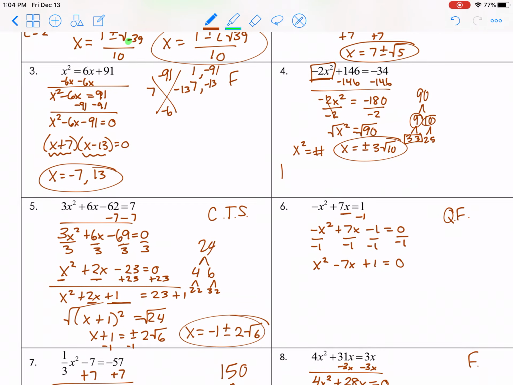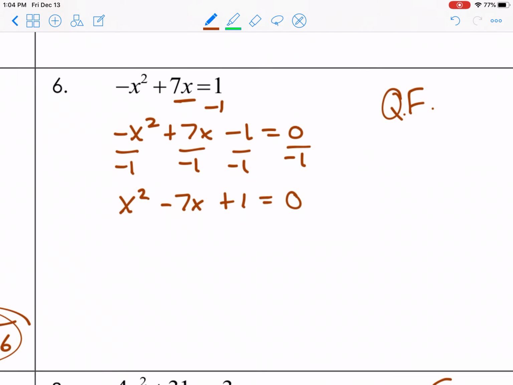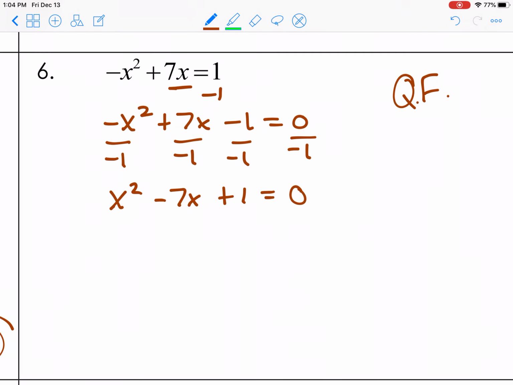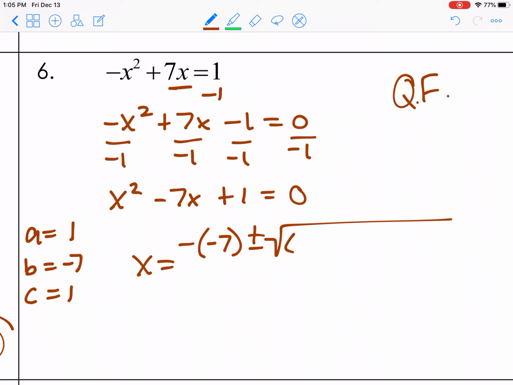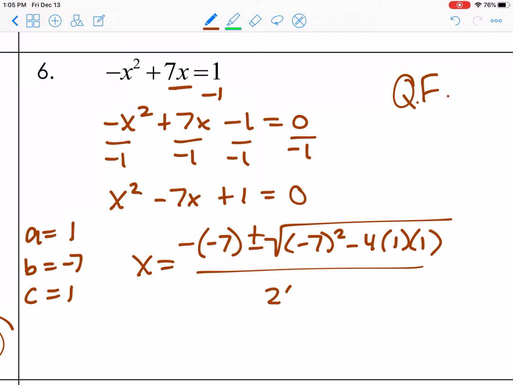Okay, let's try. Number 6 was the other one we said we could do using quadratic formula. So a is 1, b is negative 7, c is 1. Again, they're easy to see because we've already put it in standard form. Okay, x equals negative b plus or minus the square root of b squared minus 4ac all over 2a.